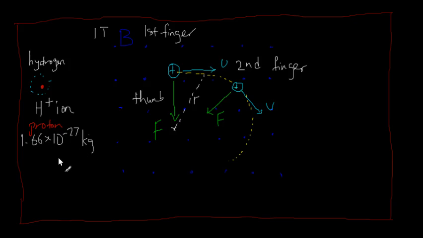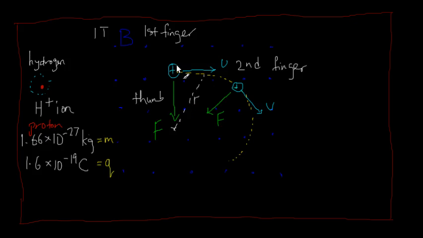The charge of a proton is the same as the charge of an electron. They are equal and opposite. The charge of a proton is 1.6 times 10 to the power minus 19 coulomb. So this is the mass of the proton, and this is the charge of the proton, which I represent by Q.